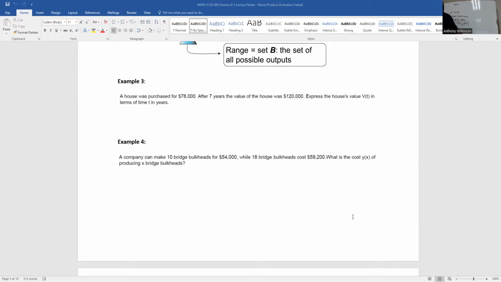And 18 bridge bulkheads cost $59,200. What's 18 minus 10? That's 8.